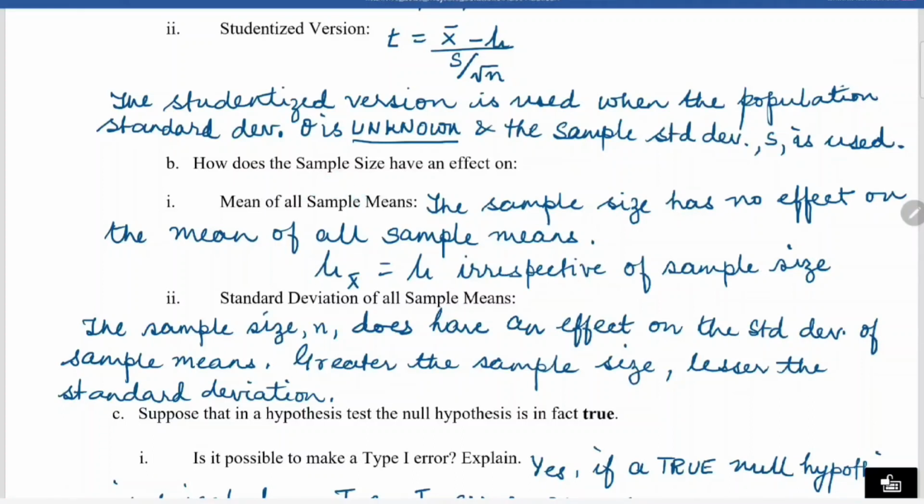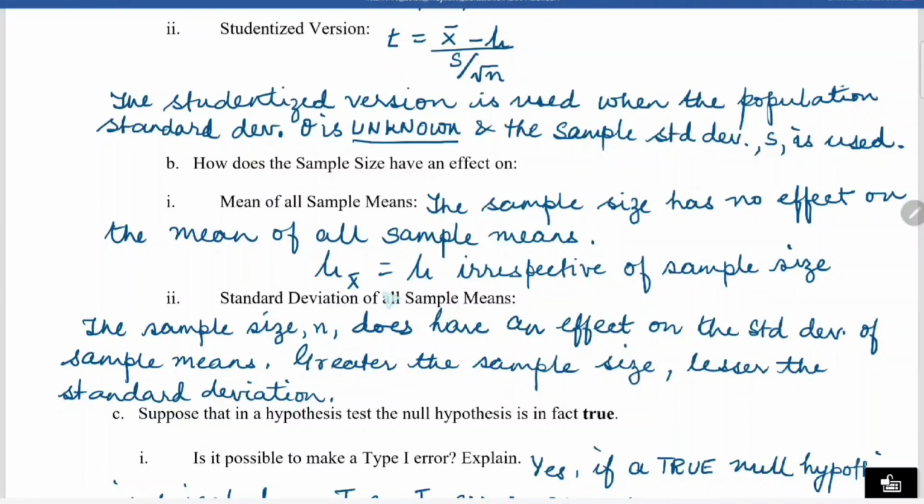How we learned in that chapter when we were talking about the sampling distribution of the sample means, we said that the mean of all the sample means is equal to the population mean, irrespective of what the sample size is.